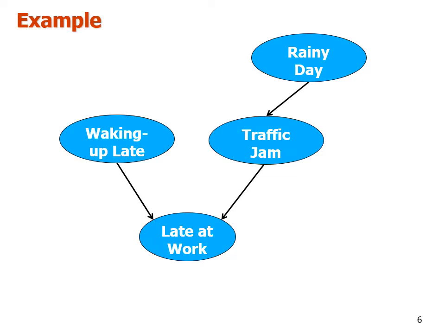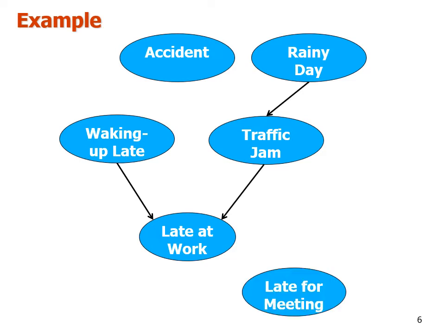Now let us add 2 more nodes, such as accident and late for meeting. Suppose these are the variables which are of our interest, and we would like to see what is the relationship between these variables. Let us say waking up late influences whether you are late for work.